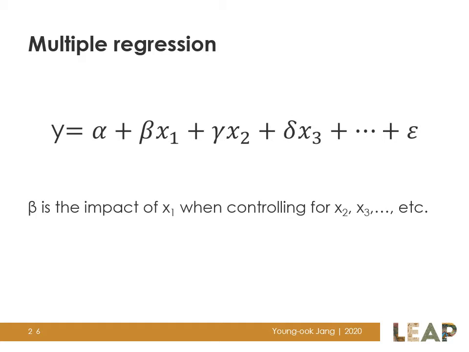So beta is the impact of x1 ceteris paribus, other things being equal. It's not perfect. There is an error term here, and there is a different standard deviation and standard error here. But we know that we control for other factors when we get the effect of one variable x1.